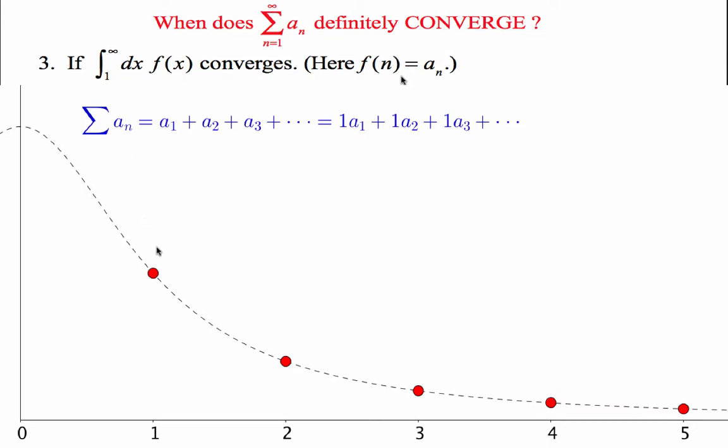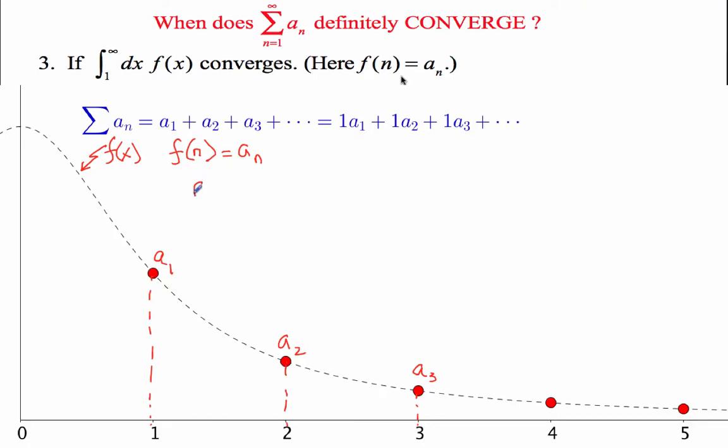Now, I've put over here a1, a2, a3, and so this height is a1, this height is a2, a3. I've also plotted f of x, where f of x is defined so that when x is equal to n, we get an. So this a1 is f of 1, this a2 is f of 2, etc.